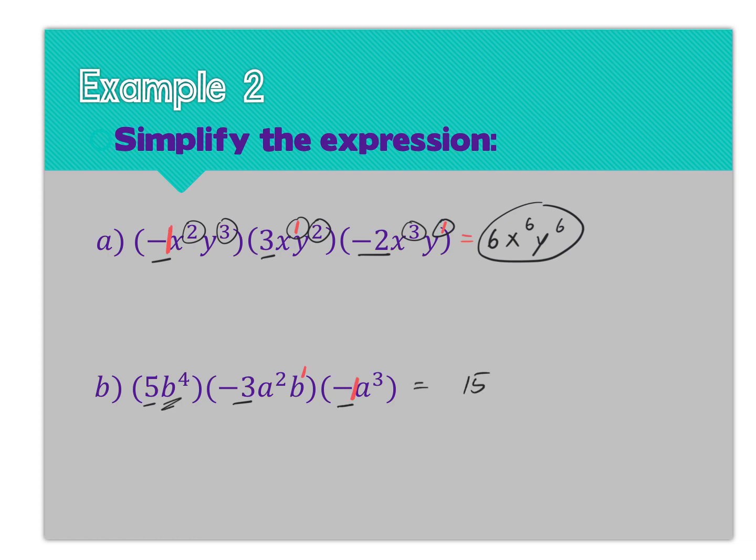I've got b to the fourth, b to the first, that's b to the fifth. And since we really do these in alphabetical order, I probably should have done a first, but I'll do a squared times a cubed is a to the fifth, because 2 plus 3 is 5. We always put the coefficients first, and then we put the variables in alphabetical order from left to right.